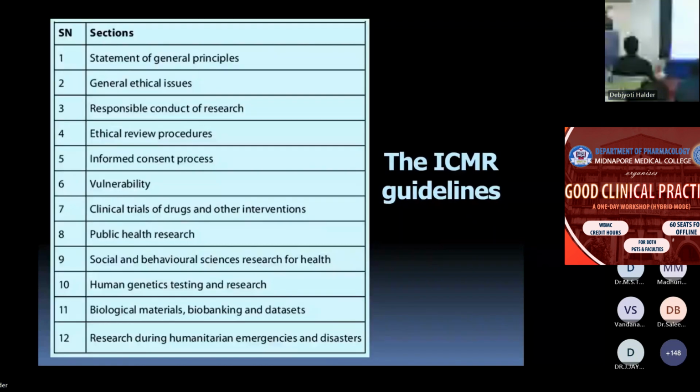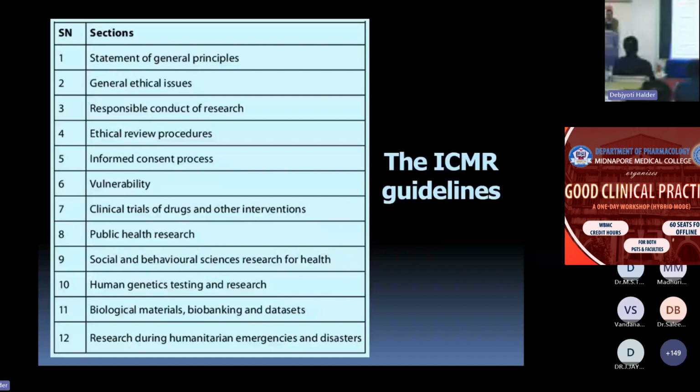So what are the core issues of these ICMR guidelines? There are 12 areas of themes which the ICMR guidelines address. They begin with general principles, then the fundamental tenets of ethics, what is meant by responsible conduct of research, and ethical review procedures. Basically, this deals with the roles and responsibilities of the ethics committees, and the informed consent process.